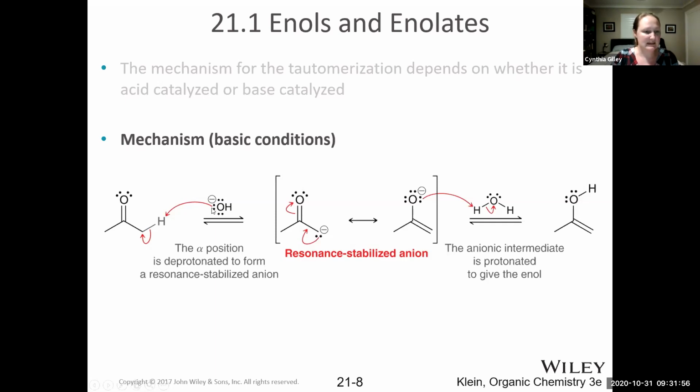In some cases, we will have nucleophilic attack on the electrophilic carbon, leading eventually to a hydrate. That process is reversible. That gets us back to the keto form. And sometimes hydroxide can act as a base instead of a nucleophile. And when it does that, it will take the hydrogens on the alpha carbon because they're fairly acidic. And again, we're going to talk about that in a little bit.